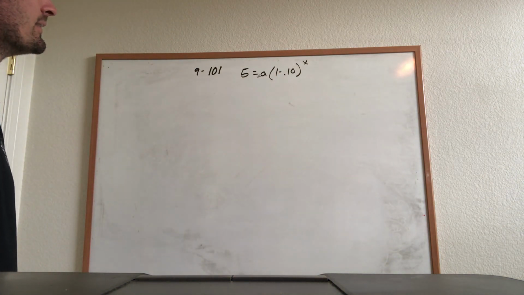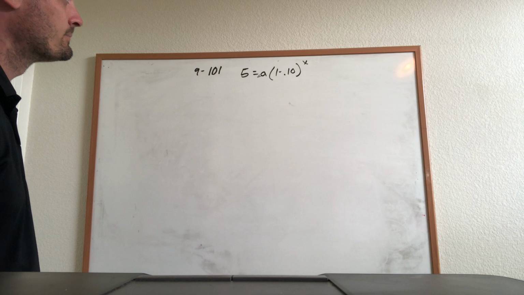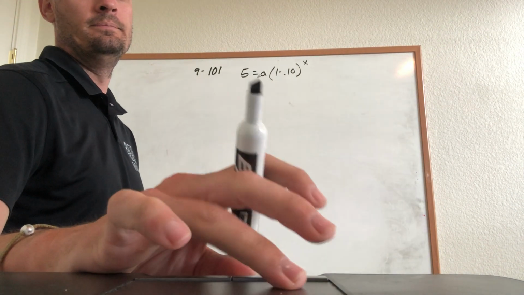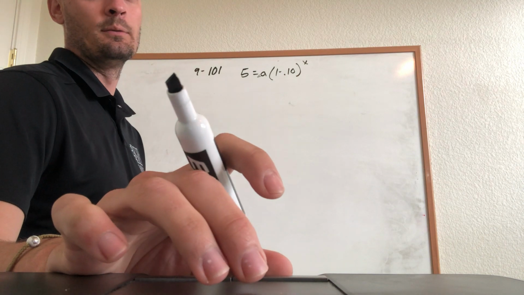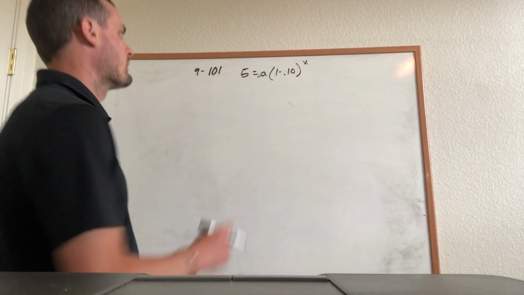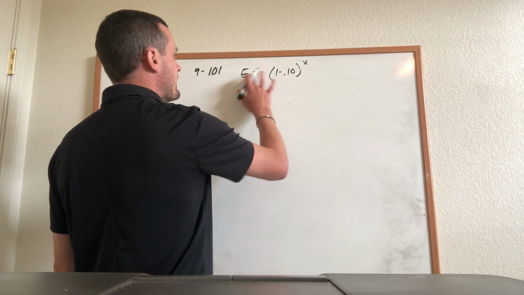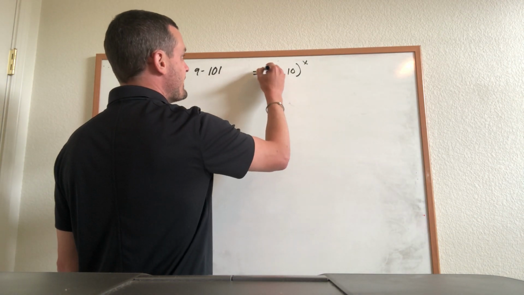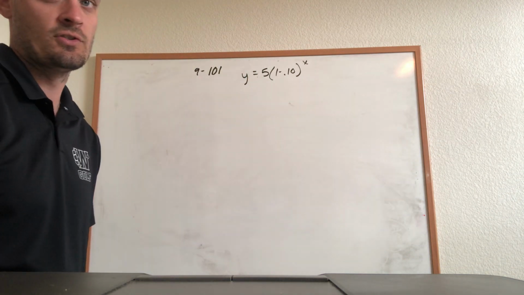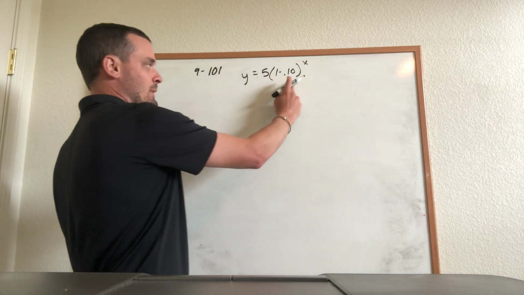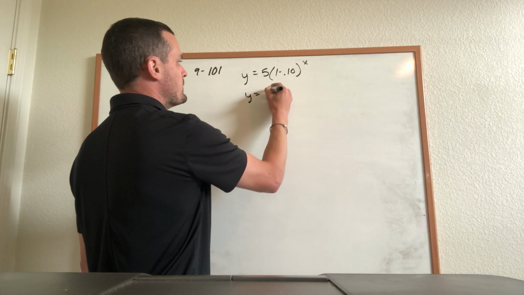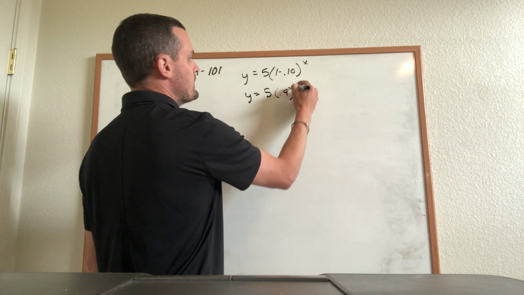So really we get an equation that looks like this: 5 times a, our initial value, whatever it was when we first started. I think what they wanted to say is it started at $5, and that would be where you start. Remember, we're decreasing in value, so we have y equals 5 times 0.9 raised to the x.